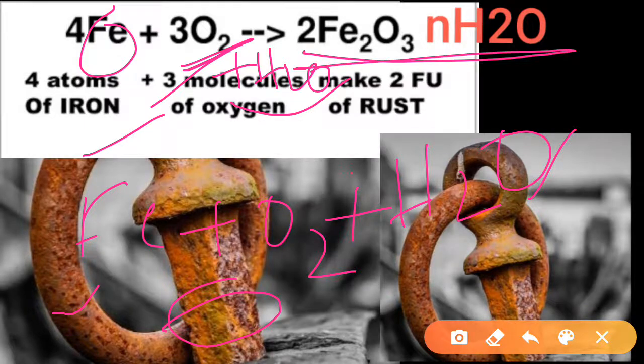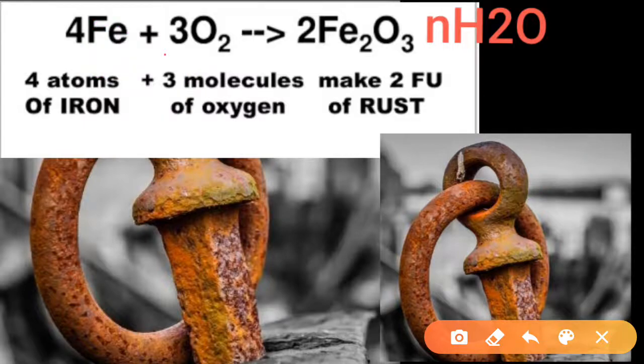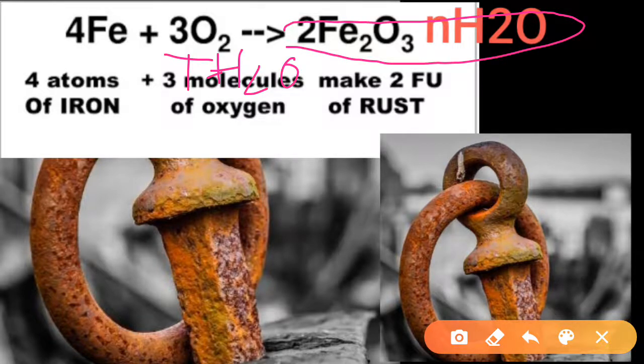Here H2O is placed, and this is a new substance, called iron oxide with water molecules. The rust has the chemical formula Fe2O3·nH2O.